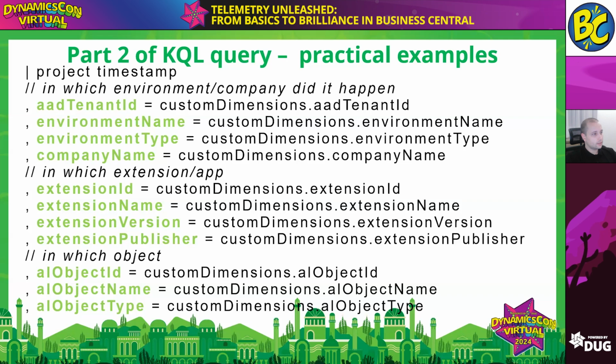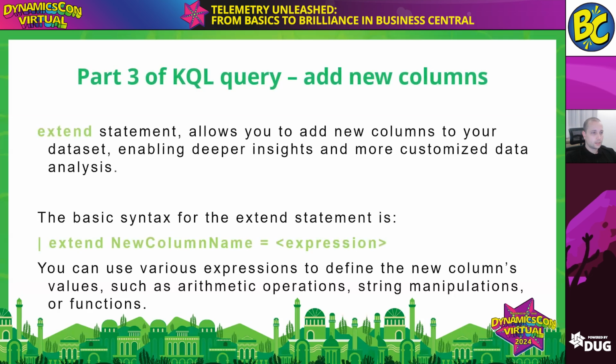So you would not need to define the whole expression from where it is taken. There are more commonly used examples, like Azure tenant ID, environment name, environment type, company name, and so on. So let's move on to the third part of the KQL query, and that's adding new columns.